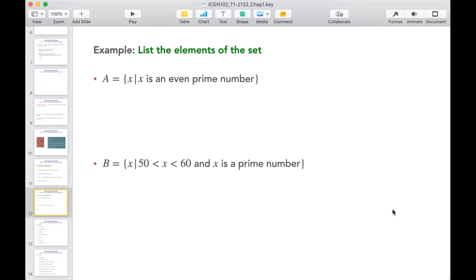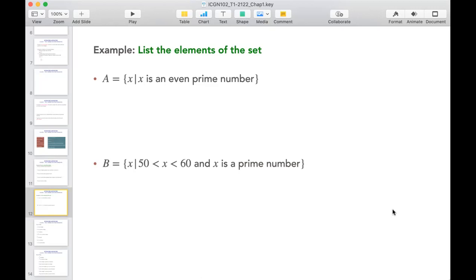Time's up. Okay. So what is the answer? 53, 59. Is that all? 53 and 59, right?